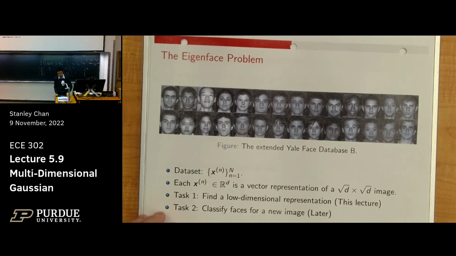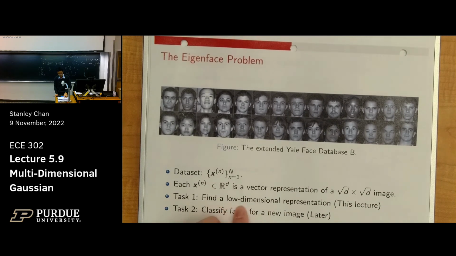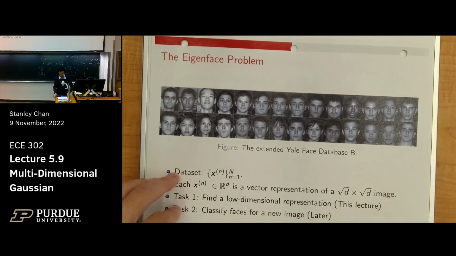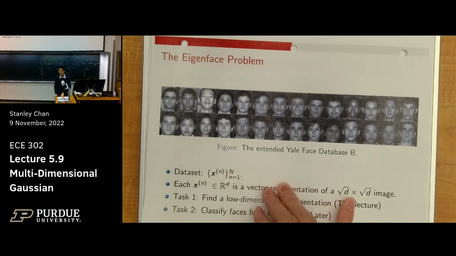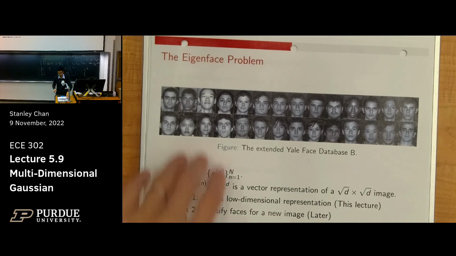Now I want to find a low-dimensional representation. What do I mean by that? I don't want to remember all these pixel values, because I have d pixels to remember. It will be a long vector to remember, and everyone's different.